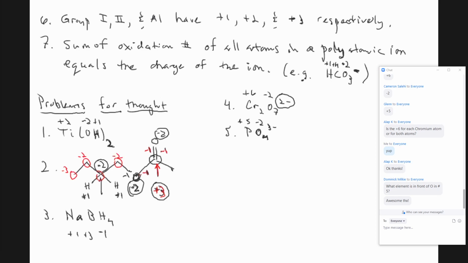So let's look at the rules for balancing redox reactions.